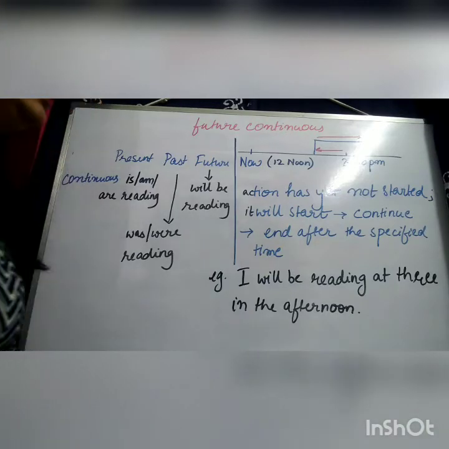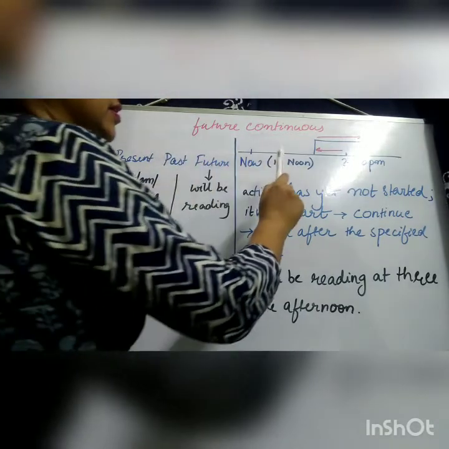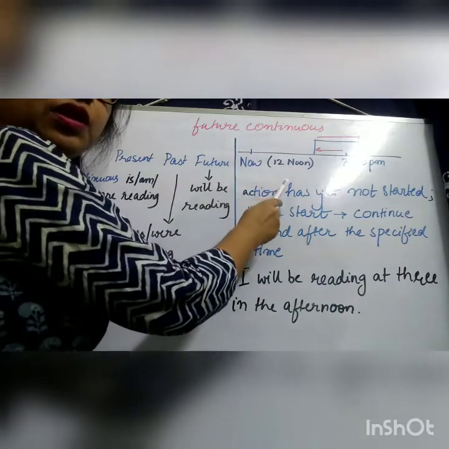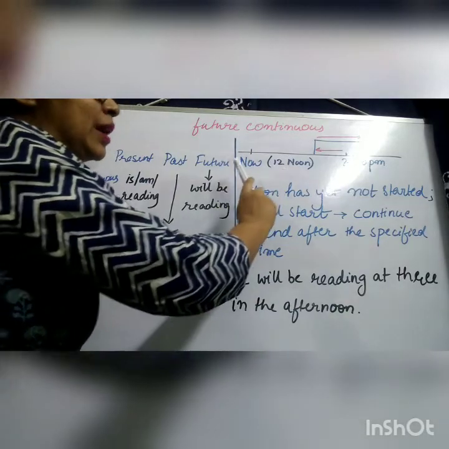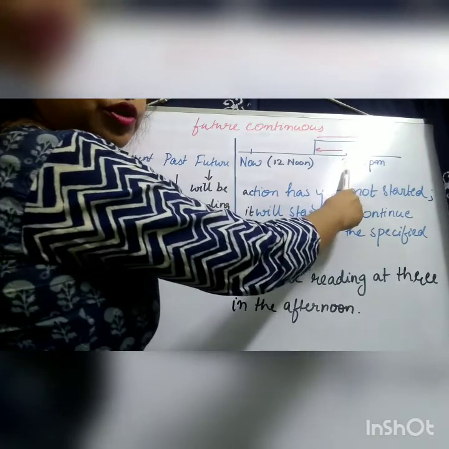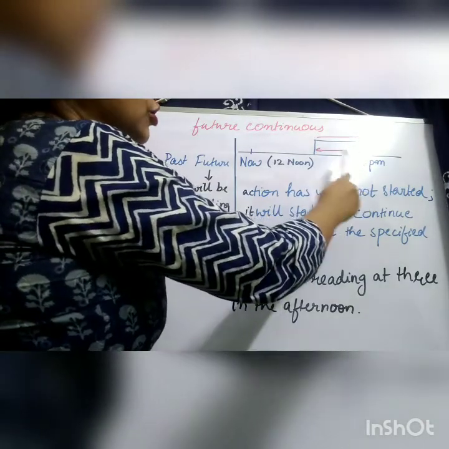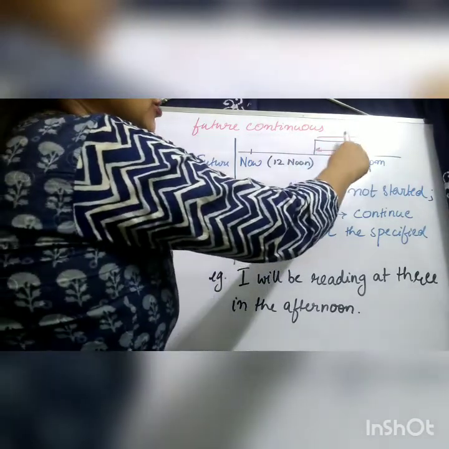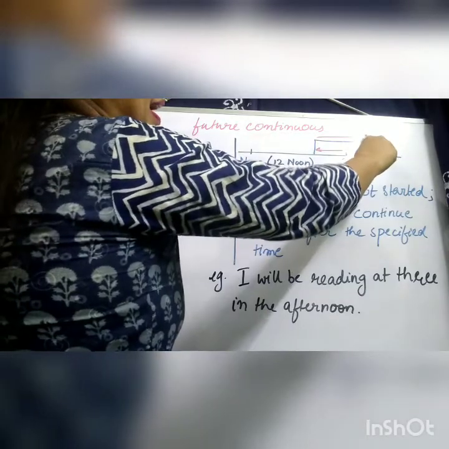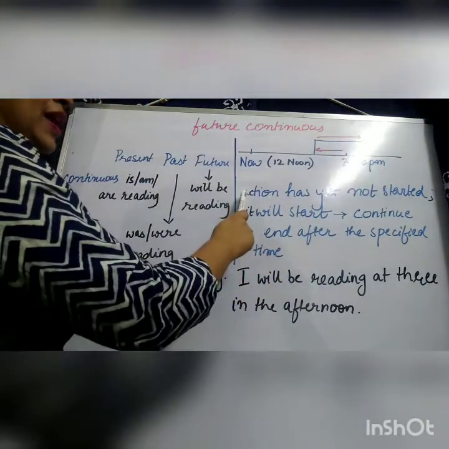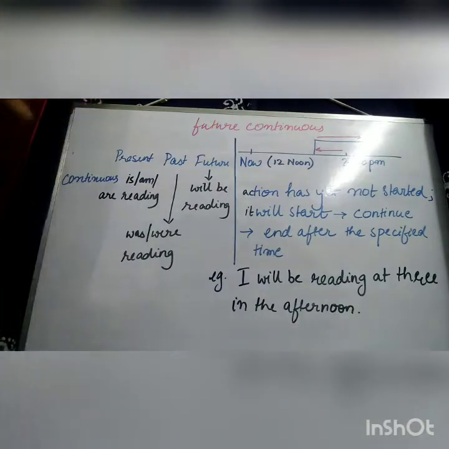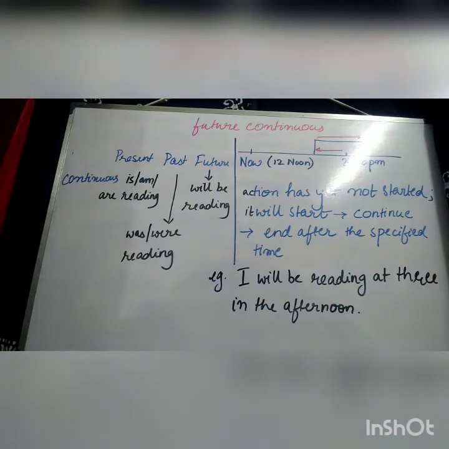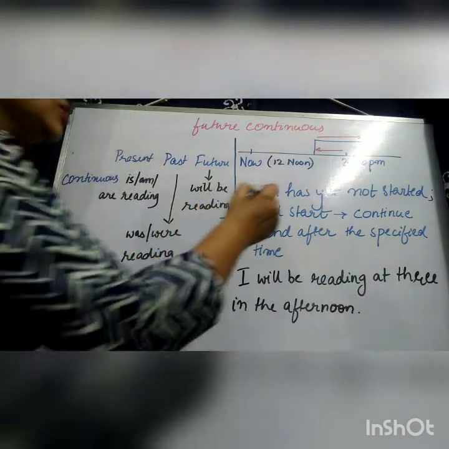In the next example, which we call the future continuous tense, mark how this is pointed out in the timeline. This is the present moment, which I have marked as 12 noon as an example, and a time in future, that is 3 p.m. So the action begins sometime before 3 p.m., it continues through 3 p.m. and ends after 3 p.m. The action has not yet started, because the time is noon.